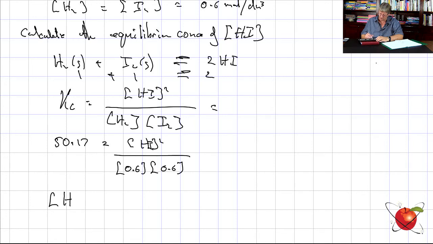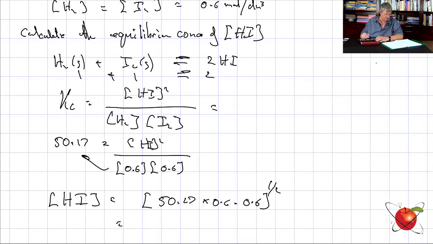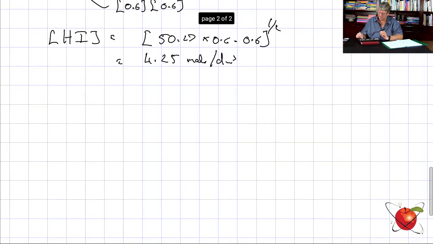Therefore, the concentration of HI squared is going to be equal to 50.17 multiplied by 0.6 by 0.6. I've just multiplied that out, and to the power of a half, I took the square root, is 4.25 moles per cubic decimeter. Right, that's part 3 of that.